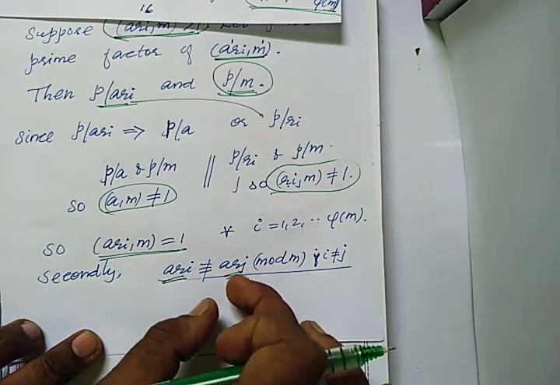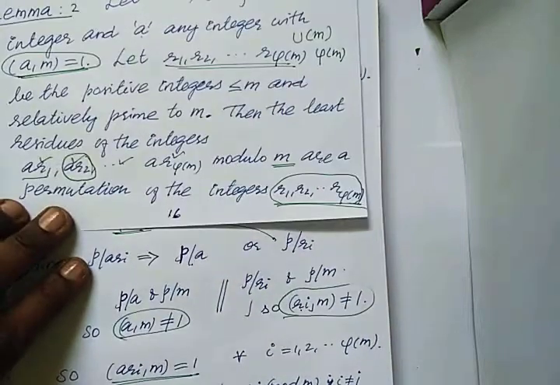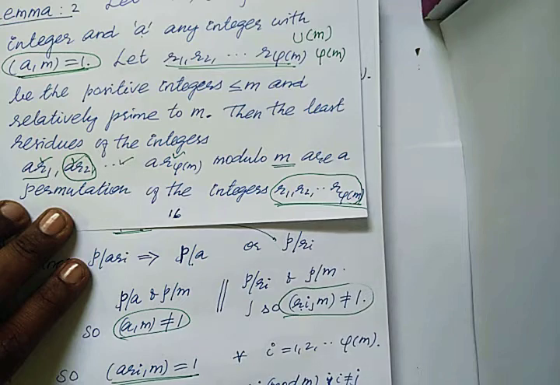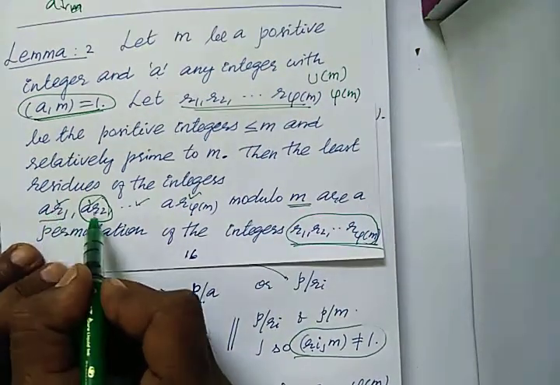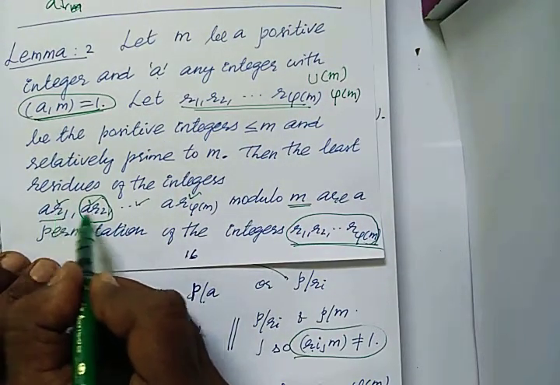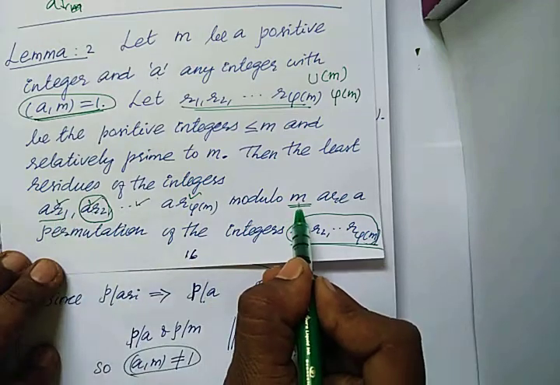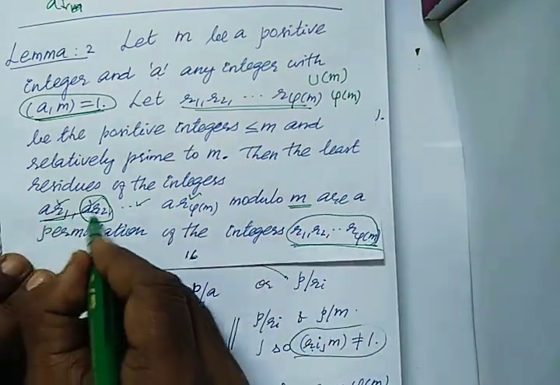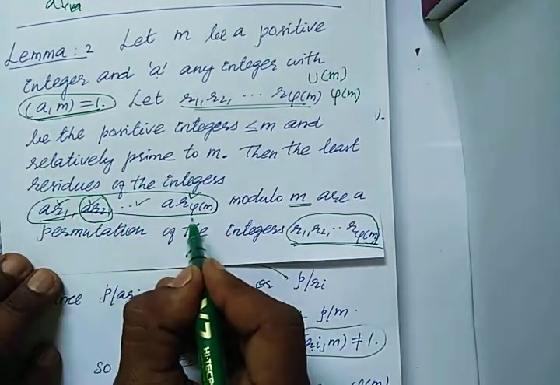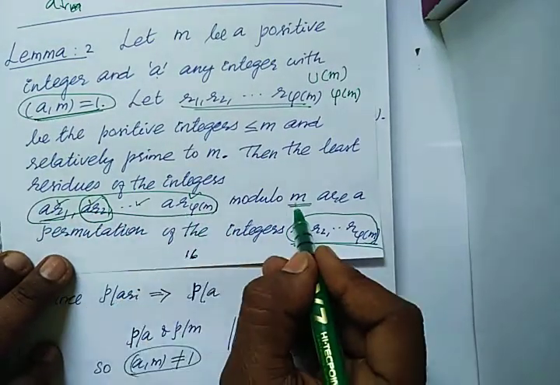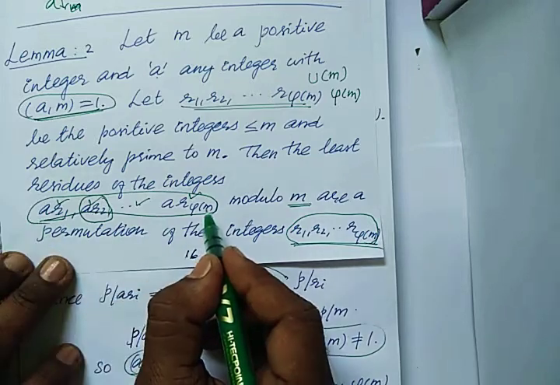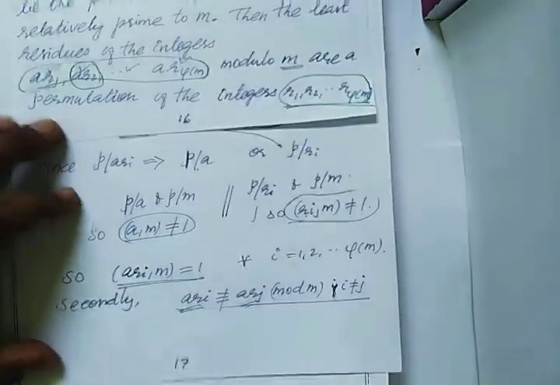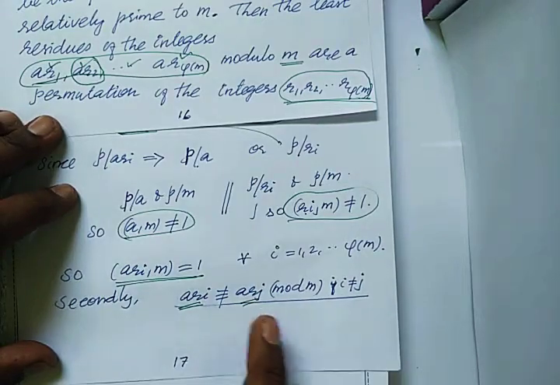Suppose these two leave distinct remainders when we divide by m, we will get distinct numbers. So together there are phi of m numbers. If we find modulo m for these phi of m numbers, we will get phi of m distinct remainders. We are going to show this one only.